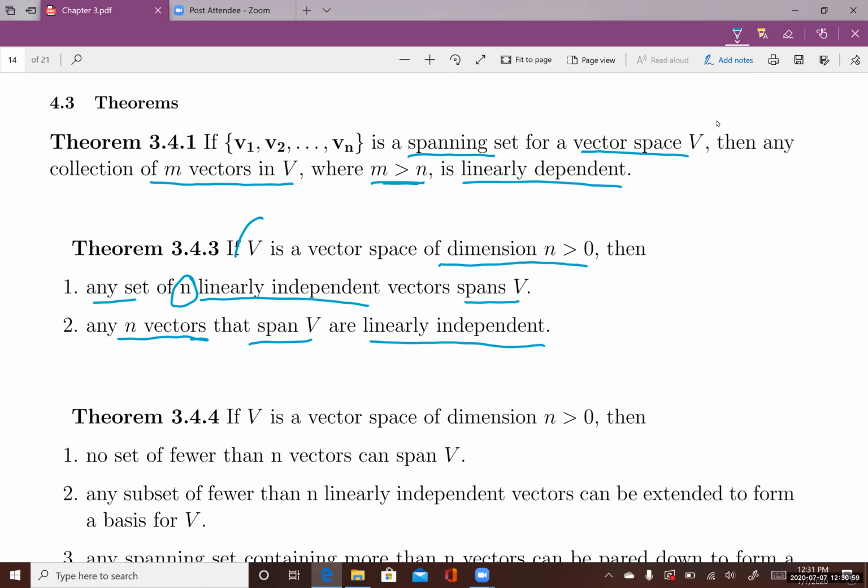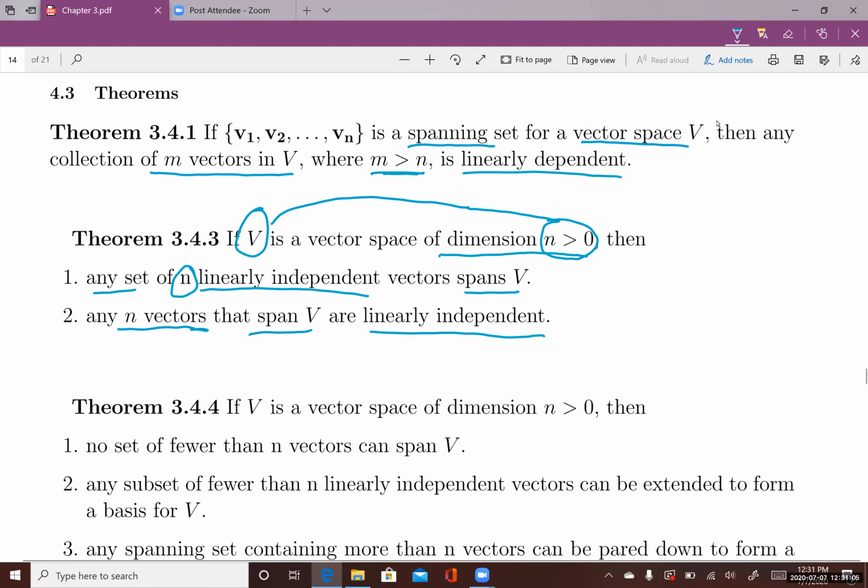Again, if a vector space has dimension n greater than 0, then any set of n linearly independent vectors will span V. Also, if you have n vectors that span V, then that set of vectors has to be linearly independent. This is the relation between the dimension of a vector space and the spanning set and linear independence.